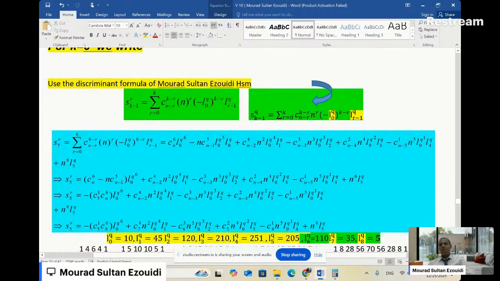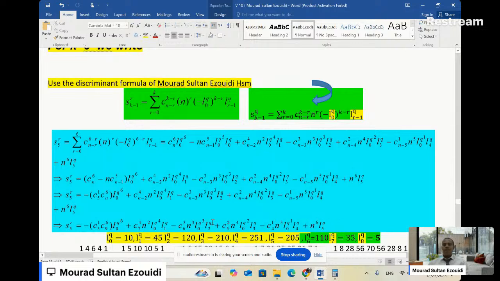The difference of this matrix is going to be equal to negative combination 21 times combination 9 choose 6 times the common factor. The rest, when R equals 2, 3, 4, 5 and 6, are written as they are, not changed.